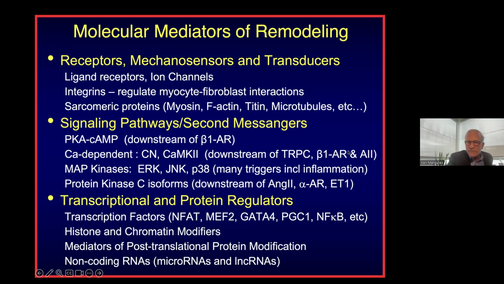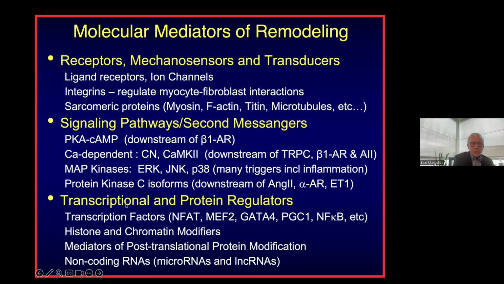Those are downstream of different receptors. There are MAP kinases. Inflammatory triggers often result in MAP kinase signaling, but biomechanical triggers can also invoke MAP kinase signaling. And there's protein kinase C as another signaling pathway that's downstream of angiotensin II or the alpha adrenergic receptor and endothelin-1, among other things.